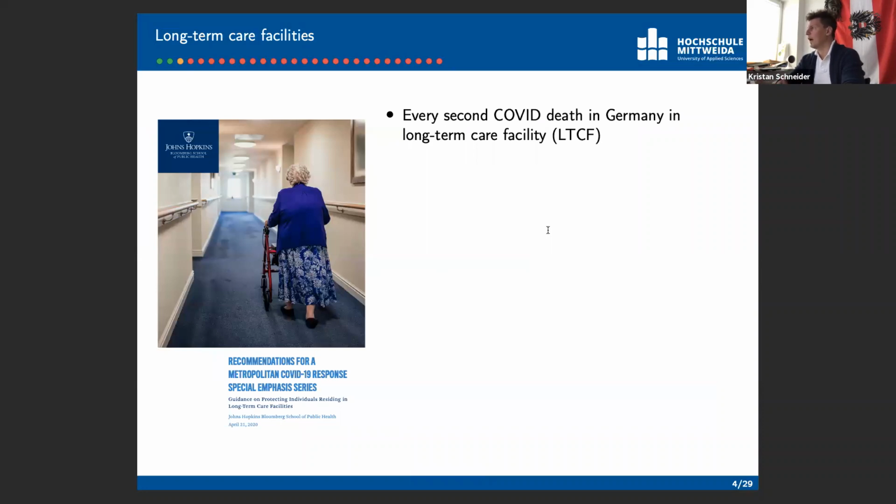So Johns Hopkins University and the World Health Organization all defined people aged 65 plus as a particular risk group. And in Germany, for instance, every second COVID-related death occurred inside a long-term care facility, the homes for the elderly. And that is substantial.